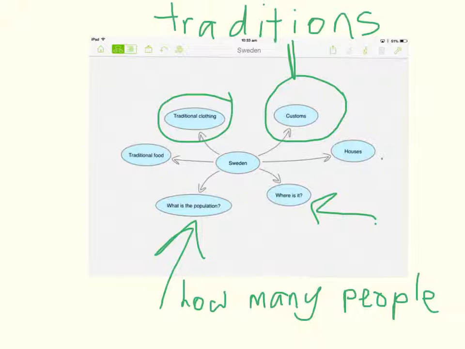Taniora? Put traditional costumes in your country. Do we want clothing? Do we need the word costume? So you could put traditional clothing of Sweden if you were doing Sweden, or traditional clothing of Norway or India or whatever the country is. But use the words in the bubble to help you.